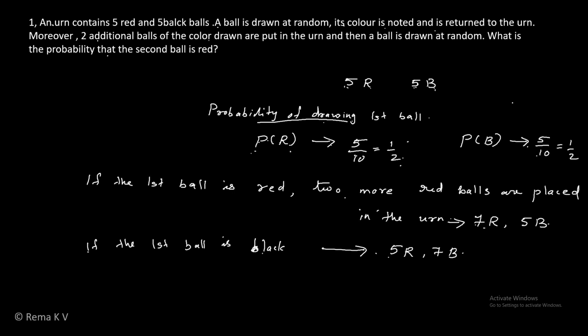So here we have to consider this as E1 and this as E2. If the first ball is red, that is the first event E1, and if the first ball is black, it is to be taken as the second event E2.